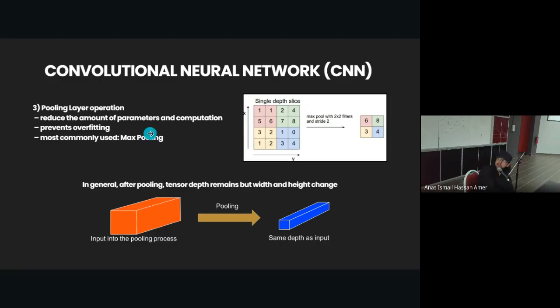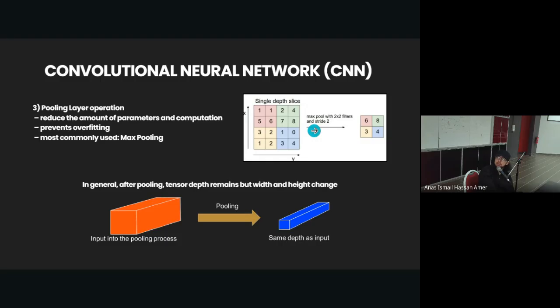So in this matrix, you have 1, 1, 5, and 6. You just take the maximum value, which is 6. So in this new matrix, the value will be 6. And so on. It will do the same for each of these matrices. We can set the size depending on the pooling filter that we set.